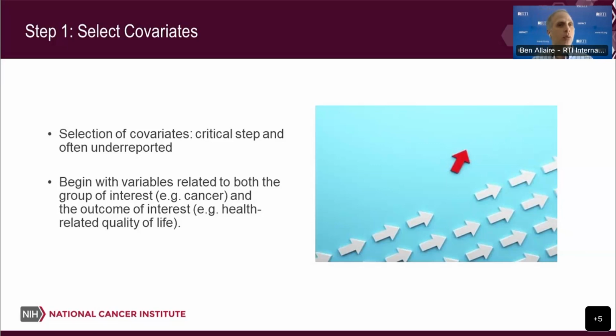Health-related quality of life is a common outcome of interest that folks using SEER MHOS do use, although there are a variety of really terrific outcomes that folks use when doing research with SEER MHOS.